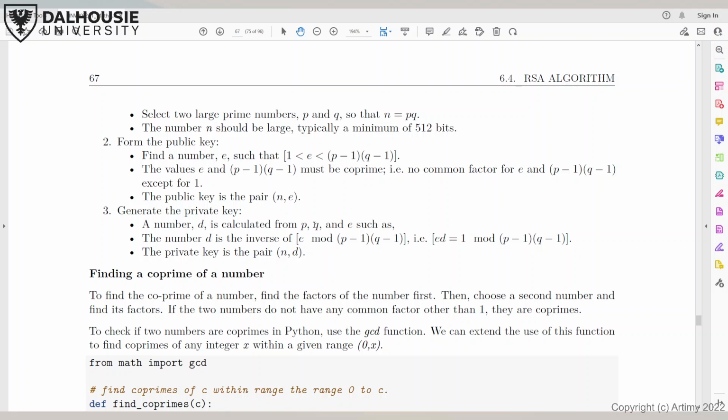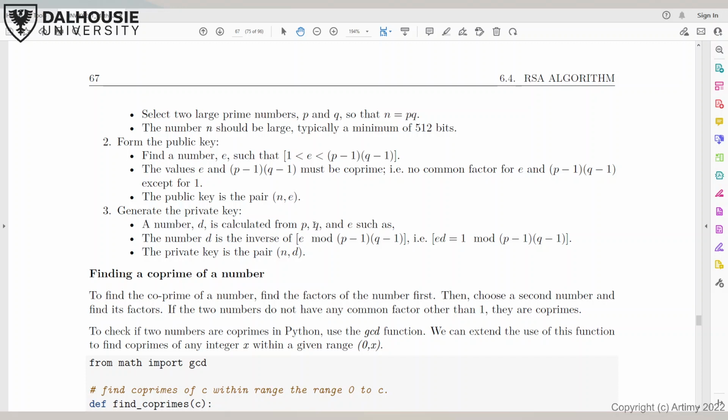We will deal with only small numbers in this course because we cannot handle the large ones without computers, but small numbers will be enough to illustrate the principles, right? So come up with two large numbers, P and Q, multiply them, we get N.